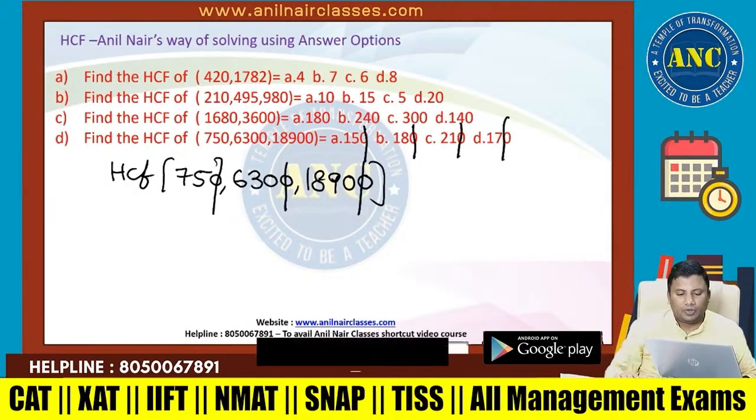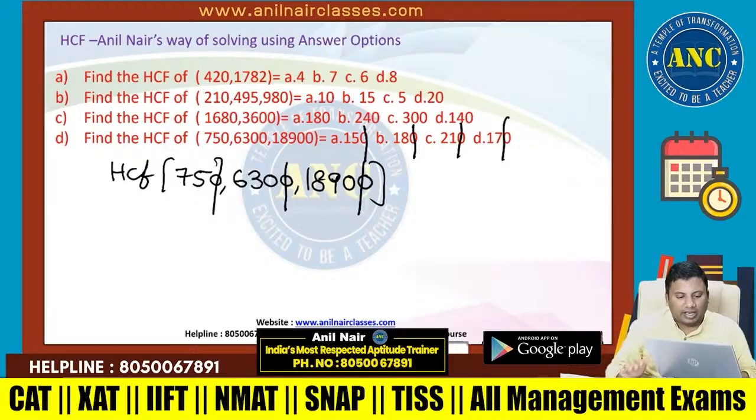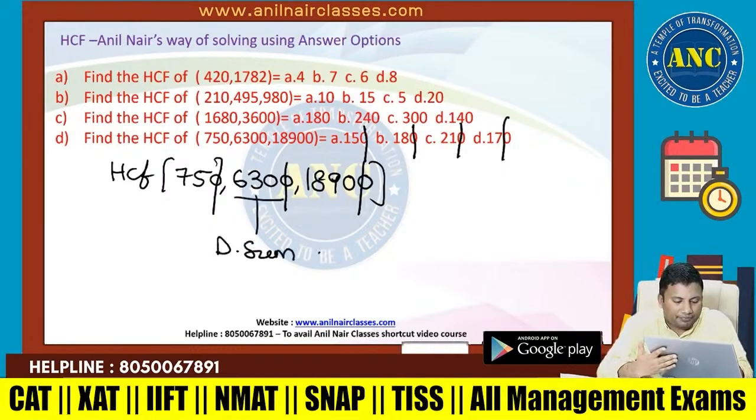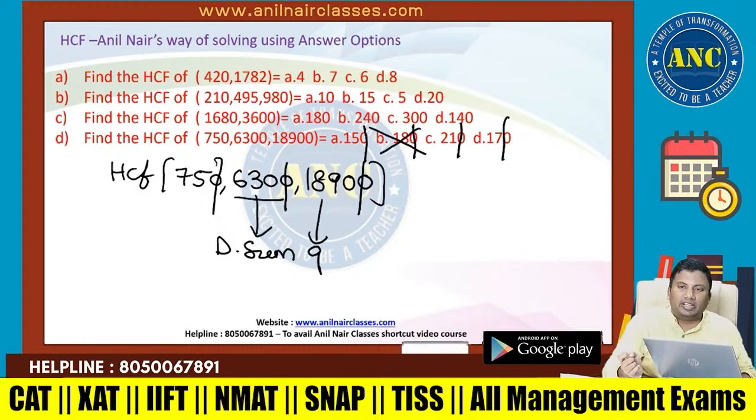Just by looking at the question I can say 630 digital sum is 9. Here also digital sum is 9. If the option is B, option B digital sum is 9. 750 digital sum is not 9. Out. 180 is eliminated.